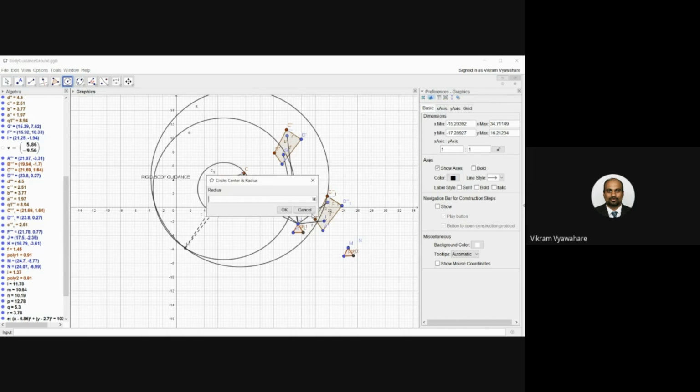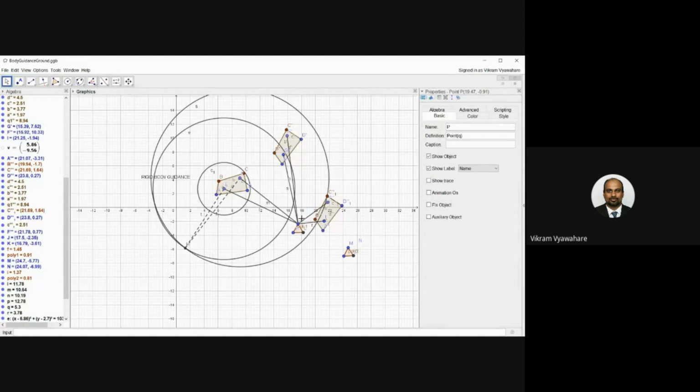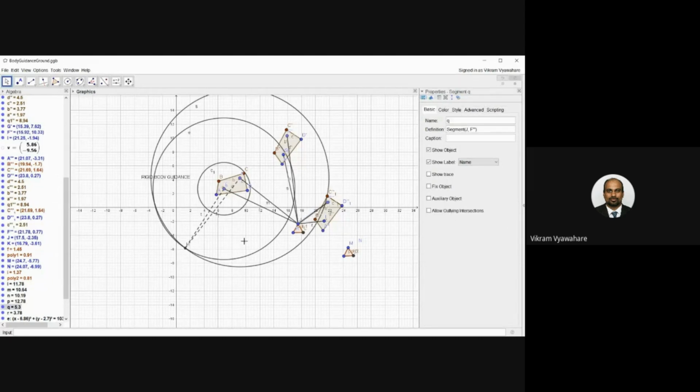Second one, oh, sorry. What is happening? Get rid of this point. 5.3 is from the second point, for the second point. So I have to draw the circle with center and radius 5.3.